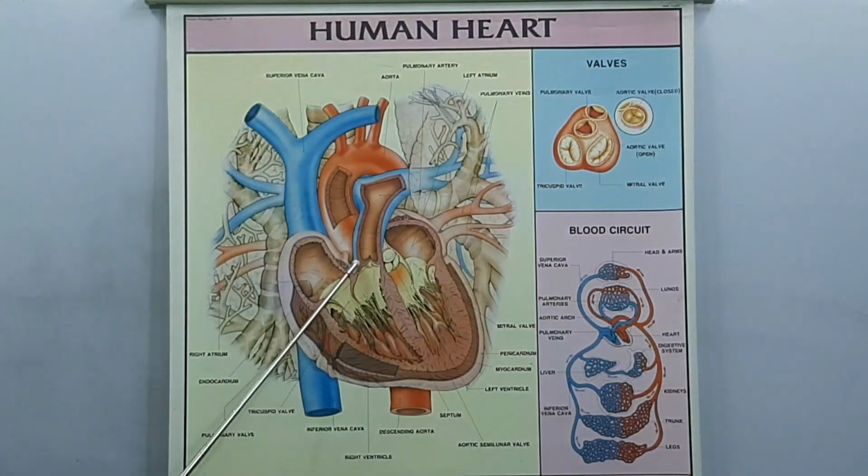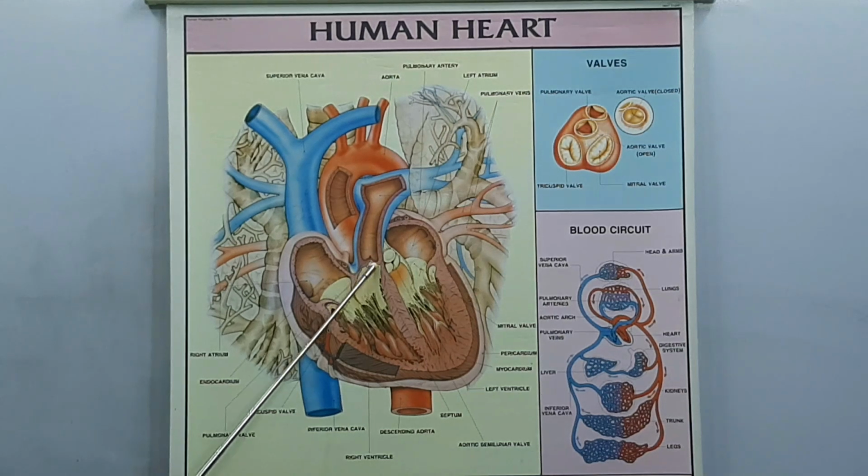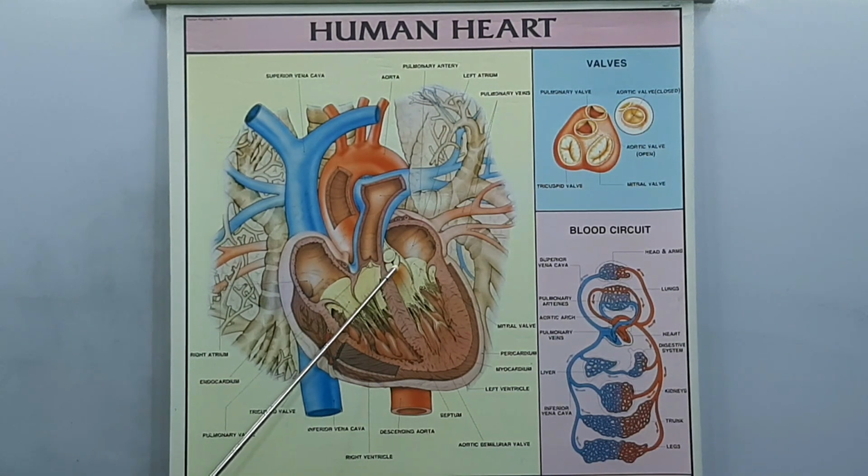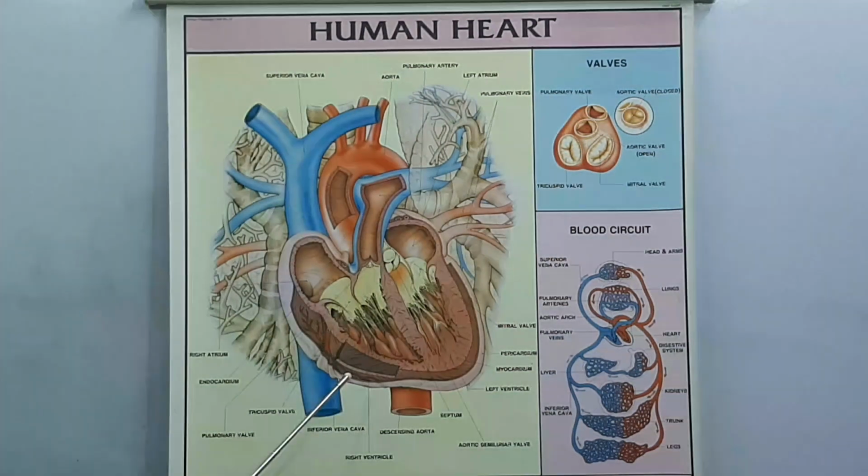Finally, the pulmonary semilunar valve in the right ventricle and the aortic semilunar valve in the left ventricle open due to excessive pressure, and blood is carried from the pulmonary artery to the lungs, and at the same time through the aorta from the left ventricle to the body parts. So in this way, our heart pumps blood to different parts of the body.